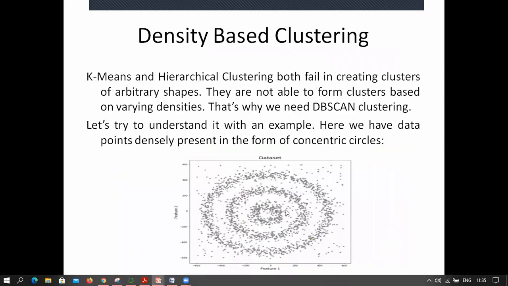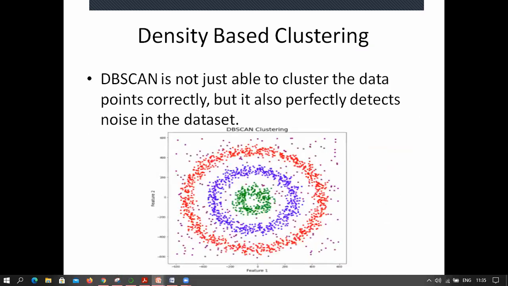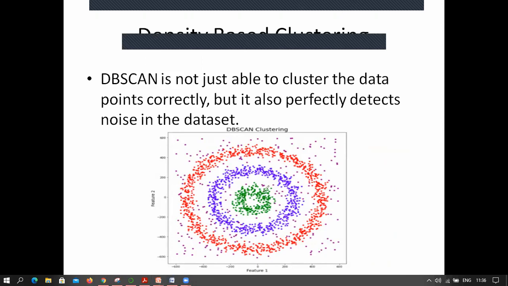Okay, so actually there were 3 clusters, but if you use any density based clustering, you will get the output like this. Now this is right. You can see one cluster was this middle one, represented by green color. Second is this one, and the third one is this one, represented by a red color.